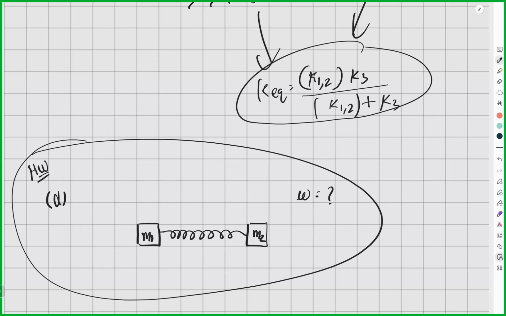For example, in order to get the frequency, we have to have a displacement either from the M1 direction or from the M2 direction, or we can stretch it from both the masses and we can leave it so that it can oscillate. This is what you have to think, how will the system oscillate?